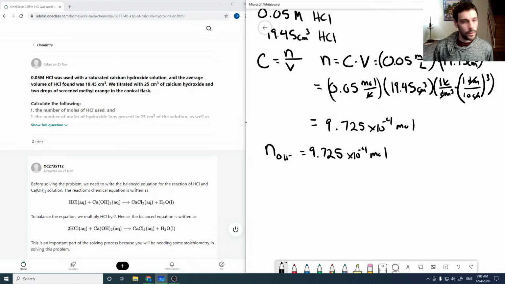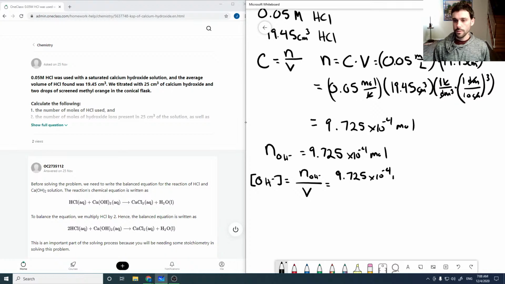Okay, so then the third part of the question asks, if that's the number of moles, what was the concentration of OH minus in the 25 centimeter cubed solution of calcium hydroxide? So the concentration of OH minus is our moles over our volume, which in this case is 9.725 times 10 to the minus 4 moles over our 25 centimeters cubed.